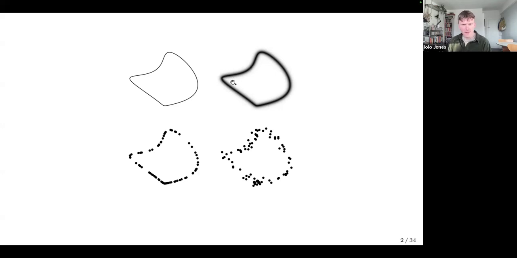Now in the top right, this is a bit more of an interesting case. This is a probability density function. So this is a function from R2 to R. It's no longer a manifold, and yet when we plot it like this, you can see clearly it has a kind of shape to it, and it has a kind of shape that's related to the manifold that it's next to. It maybe represents a manifold with noise added. And I think this is really interesting because even though it isn't a manifold, you can still clearly see a load of the stuff there.